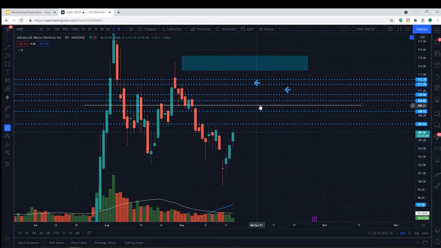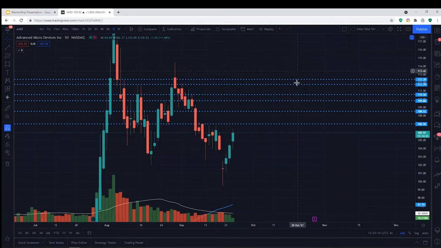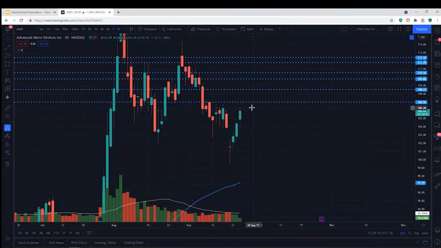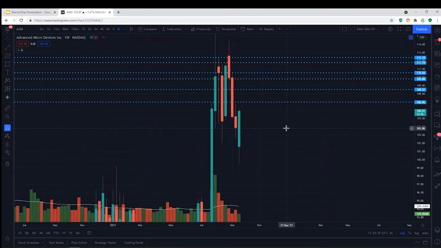So you can do the exact same mentality with bearish flow. So let's just say I think AMD is not going to be bullish. I think they're actually going to reject off this monthly resistance of 107. Another area would be this support, and this support.